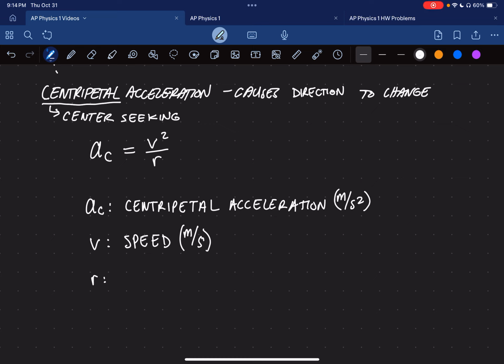And r is the radius of curvature, which is in meters. We'll come back to this equation shortly.